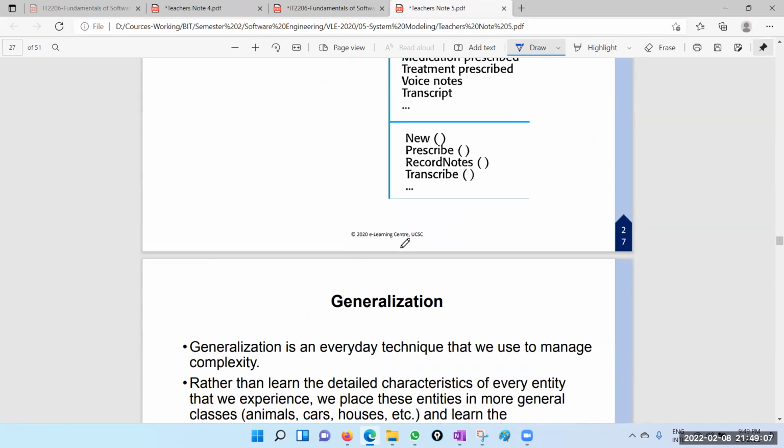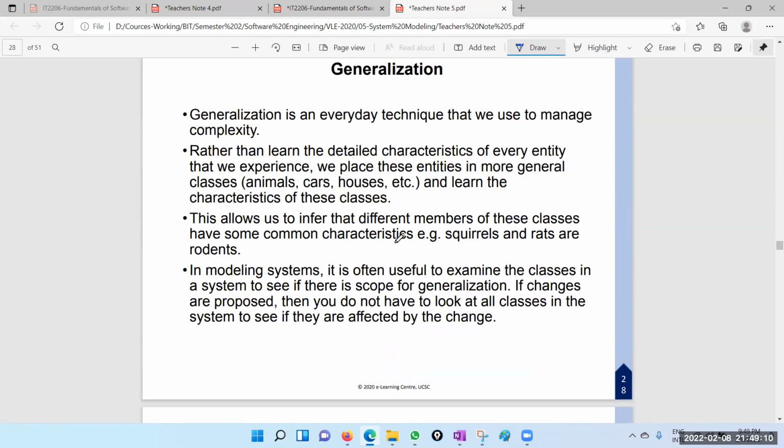Then the generalization and specialization. There is another name for inheritance. We discussed that in object-oriented programming. Say this is animal, this is dog, this is cat. Dog is a specialization of animal, cat is a specialization of animal, and animal is a generalization of dog and cat.